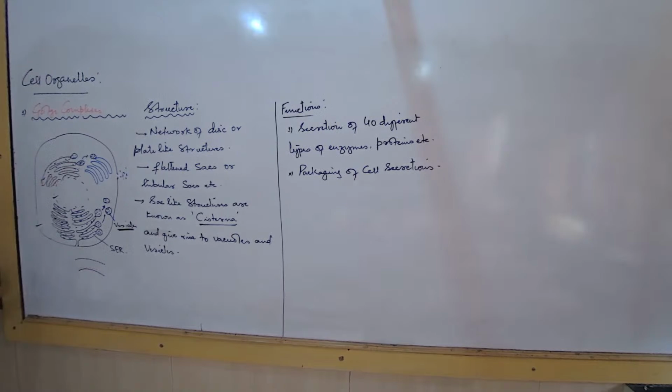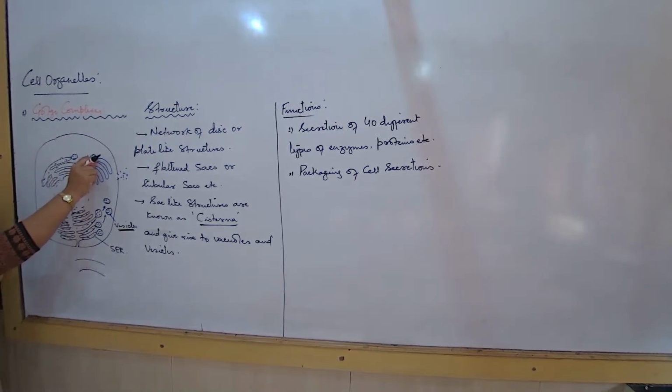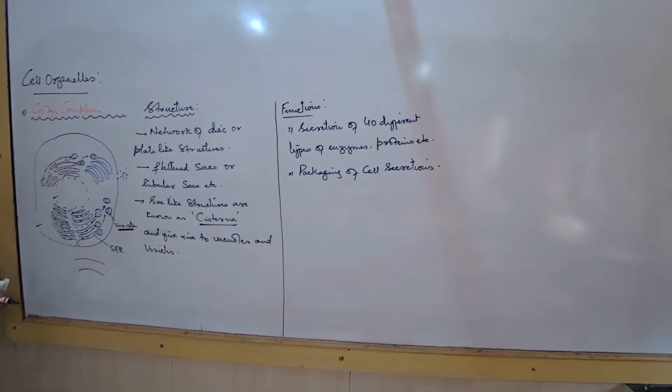Check here. Now, as it comes and fuses with the Golgi, what happens? The contents of the endoplasmic reticulum are released into the Golgi. So this is a small vesicle containing proteins from the endoplasmic reticulum moving towards the Golgi.